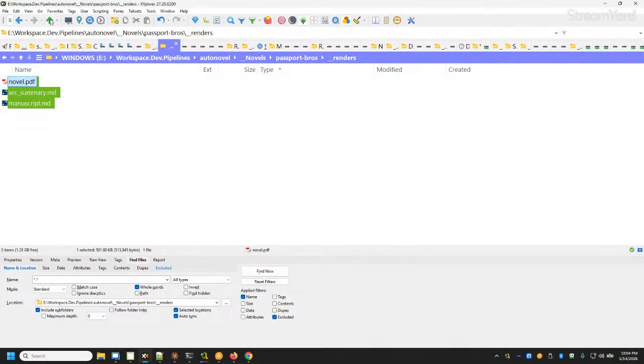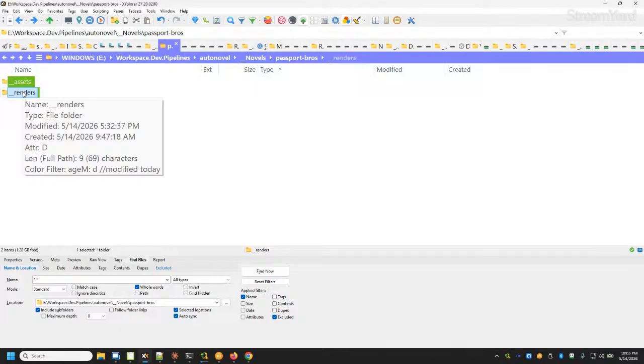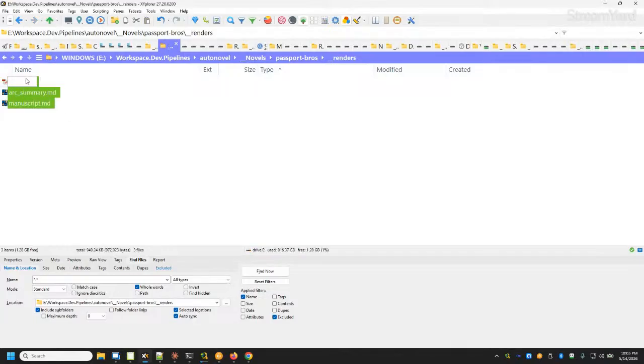So, of course, we talk about Passport Bros a lot in the Manosphere, and so one of the books I've created, it's actually my second book. My first book was, I don't even remember what Second Son was even about. I didn't read it because it had rendering issues. I finally got that fixed. GPT 5.5 kind of fixed the bug there.